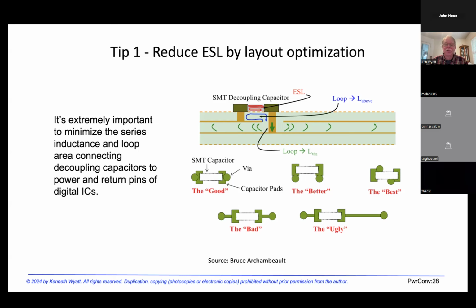The connections to each end of the decoupling capacitor should be very, very short trace lengths. And the top three examples are what Bruce thinks is a good layout. You do have to be cautious about wicking solder into the via away from the component. So that's maybe one thing to think about.